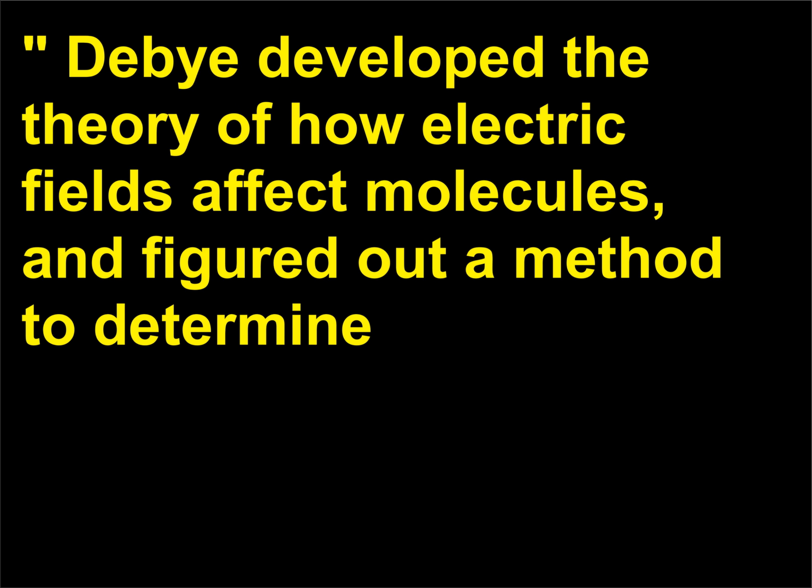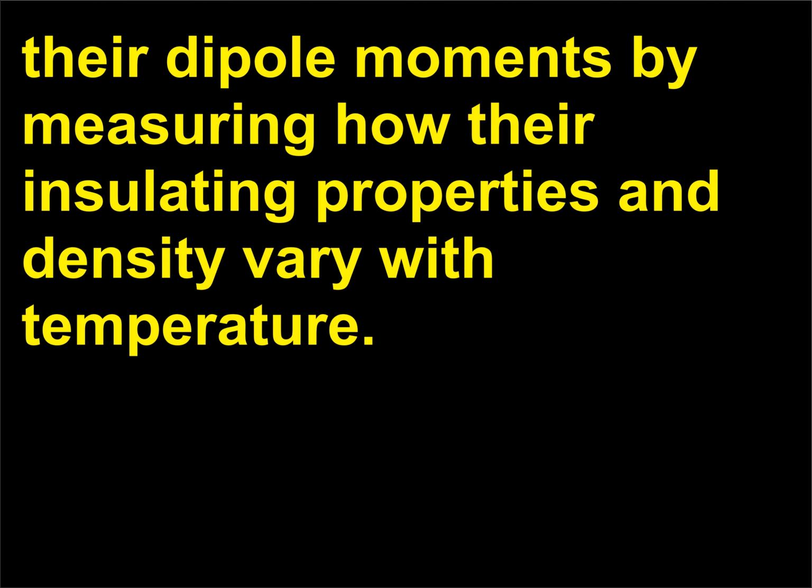Debye developed the theory of how electric fields affect molecules, and figured out a method to determine their dipole moments by measuring how their insulating properties and density vary with temperature.